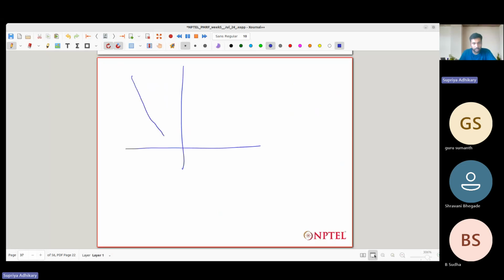Basically, this is the graph for y equals x square, and this is the graph for y equals x. So this is our f(n), and this is our g(n). If you take n0 over here, then for all n greater than or equal to n0, f(n) is less than or equal to g(n).